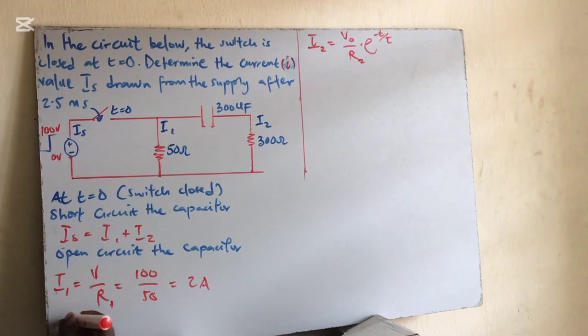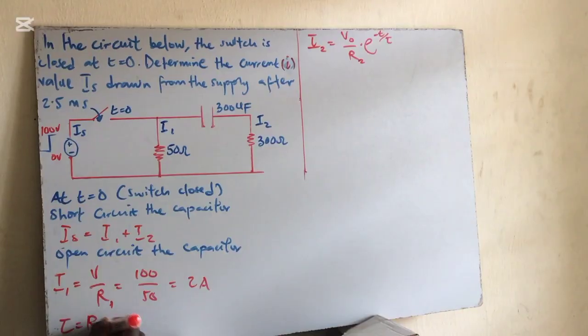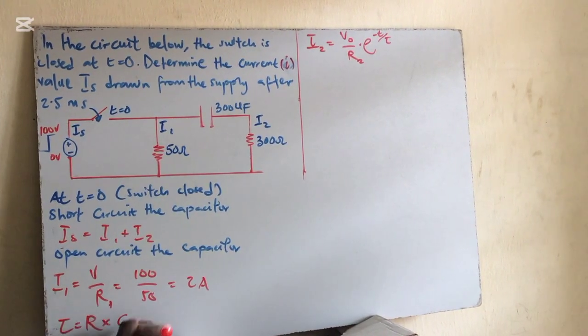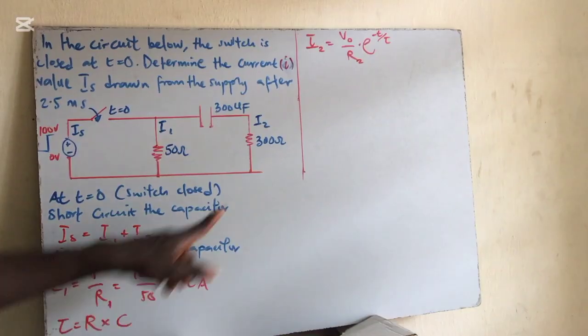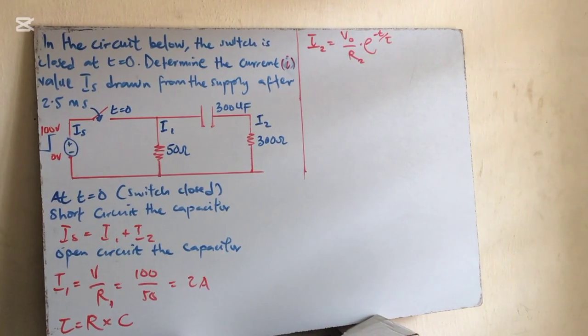And the time constant for a circuit involving a capacitor is going to be the resistance multiplied by the capacitor. So resistance in this case is 300 and the capacitor is 300 microfarad. Microfarad is times 10 raised to the power minus 6.